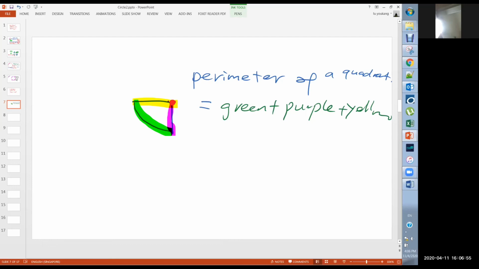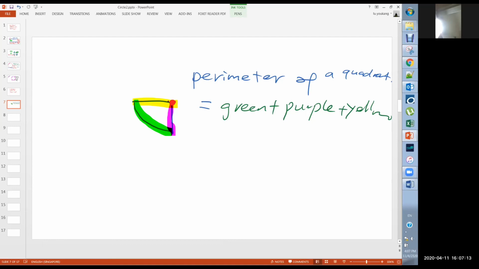I use the words from and to. Go ahead. Radius is from the center of the circle to the perimeter. Very good.